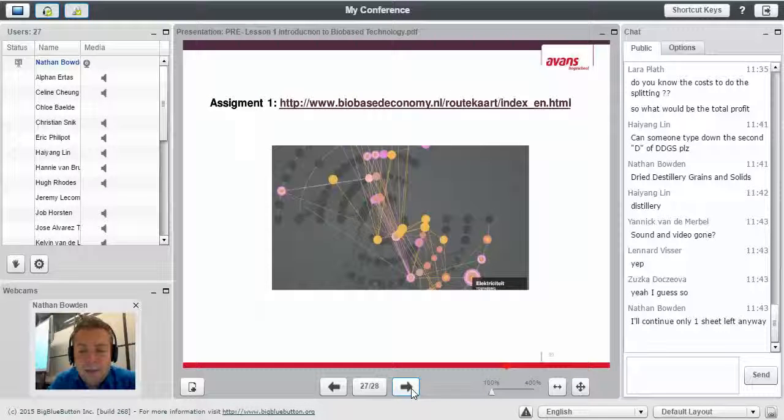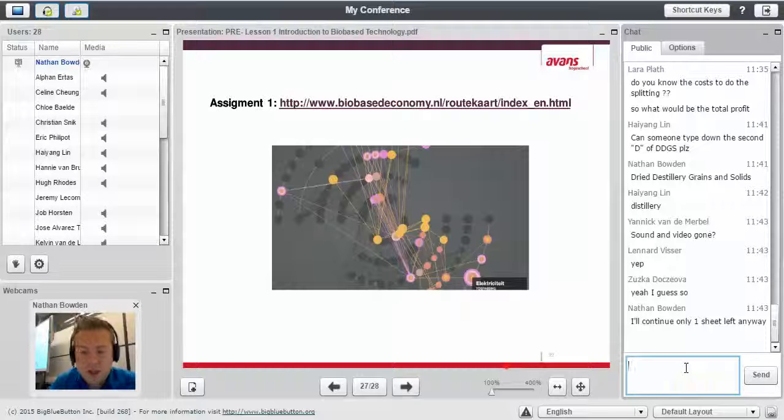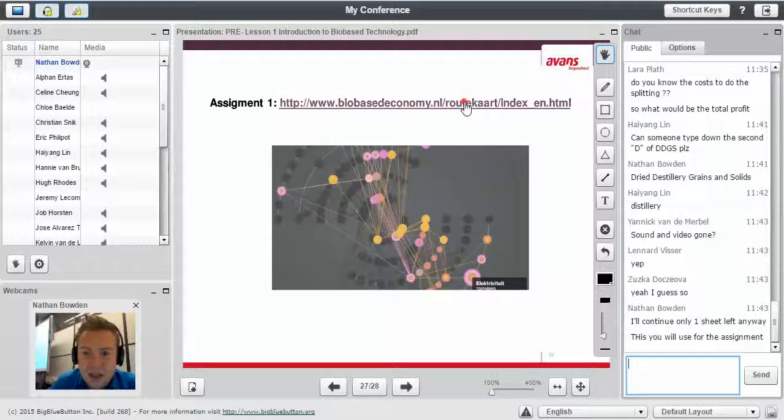Okay, so this last sheet I'm going to show you as part of the lesson. So you just click on this link here, and it will take you to a website where you can select the different routes from the different biomasses.